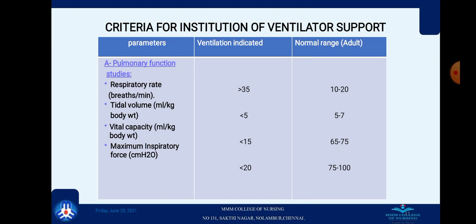Tidal volume, ml per kg body weight, ventilation indicated less than 5, normal range is 5 to 7. Vital capacity, ml per kg body weight, ventilation indicated less than 15, normal range is 65 to 75. Maximum inspiratory force, centimeter H2O, ventilation indicated less than 20, normal range is 75 to 100.